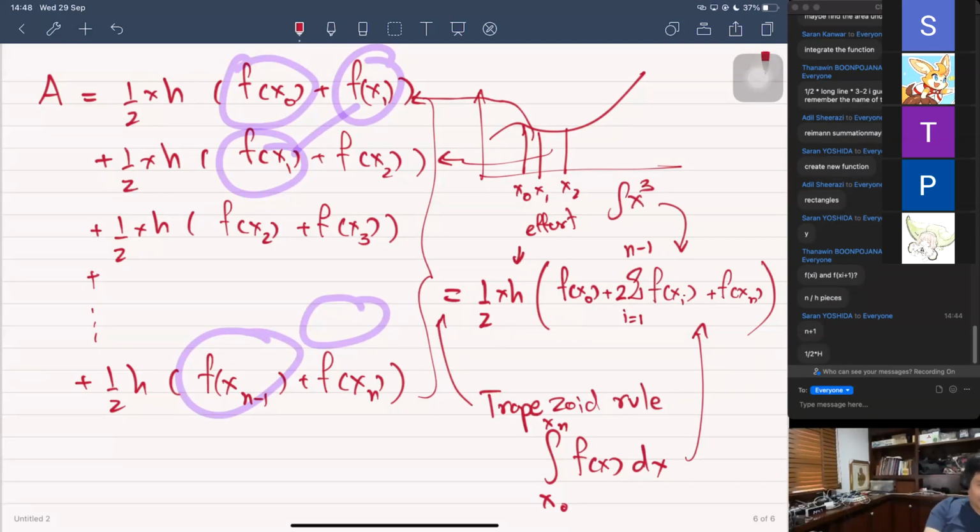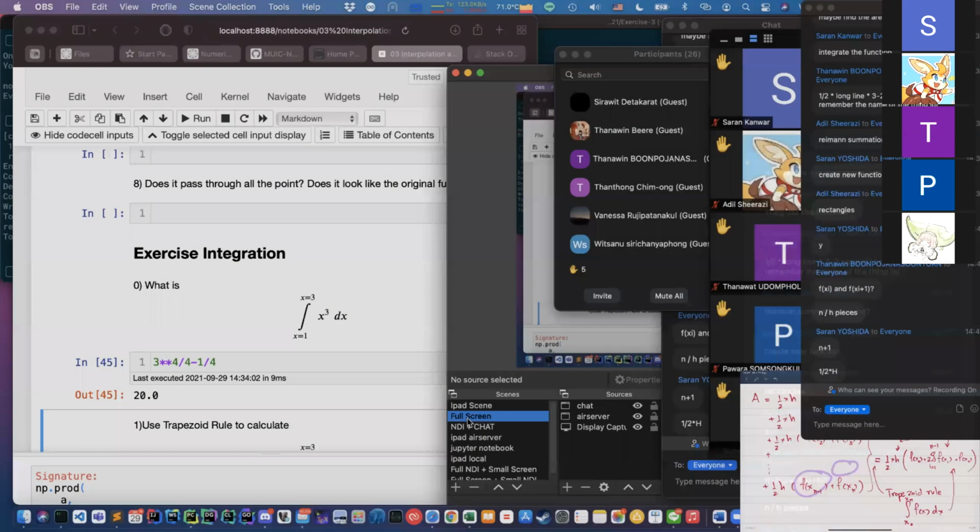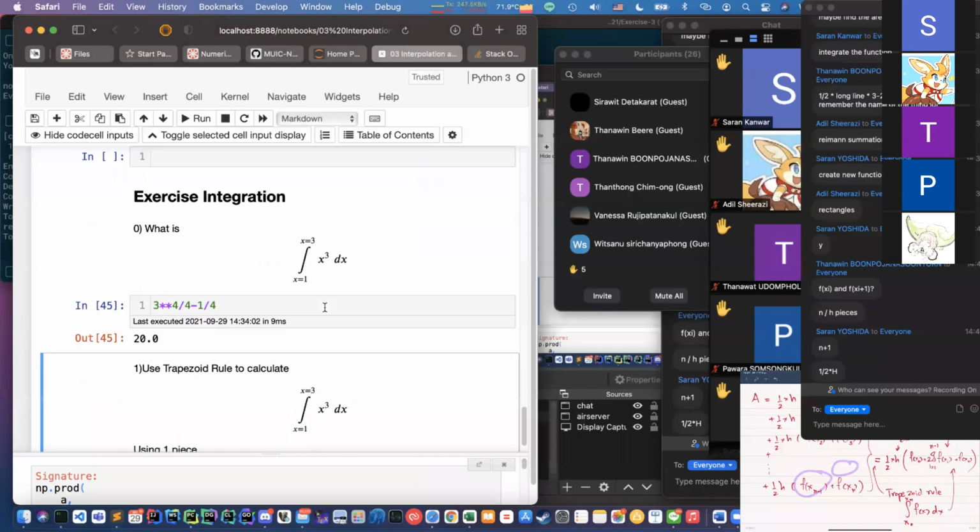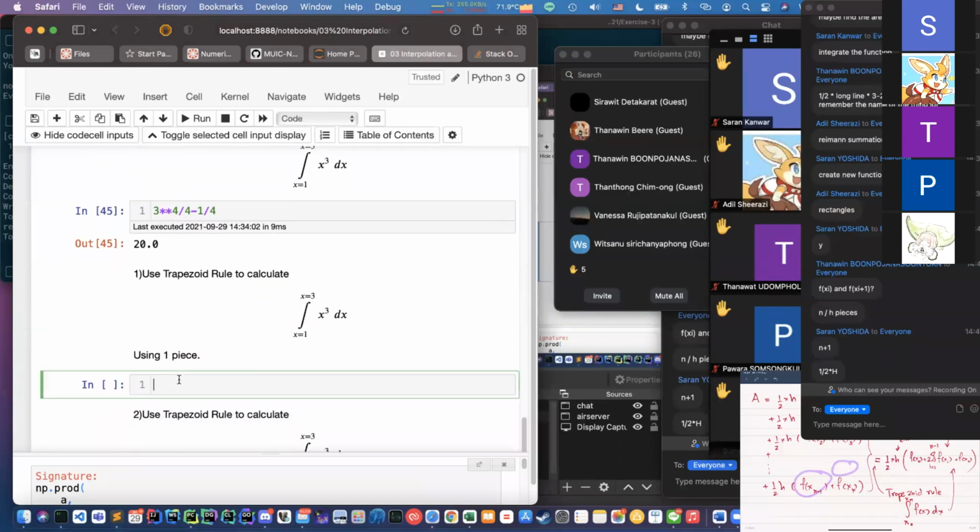Okay, so let's go back to my notebook. So for the trapezoid rule, you should try something like this. trap, f and then the lower, x0 and xn, and n pieces.